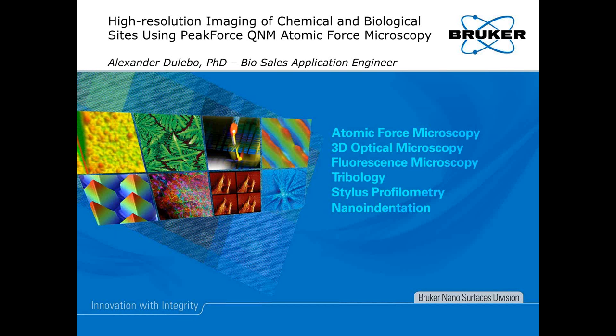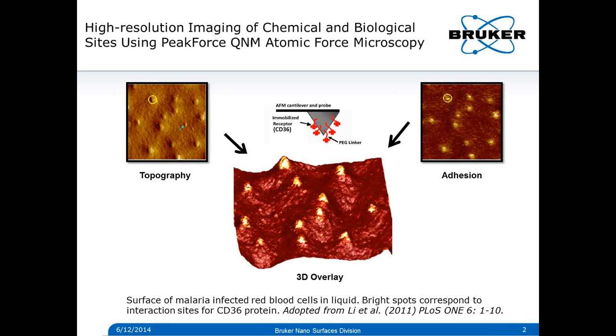After my introduction, I will pass the word to our guests, who will present how they utilize this technology in their research. Going directly to the core of the topic, we will be talking about molecular recognition imaging, where a chemically modified cantilever tip is used to acquire simultaneously the topography of the sample, as well as map specific adhesion or recognition between the tip and the sample.